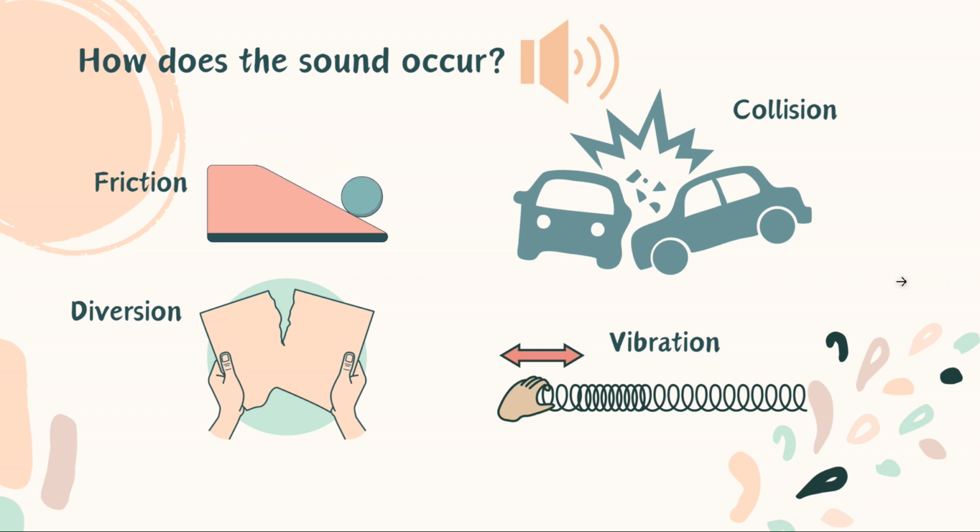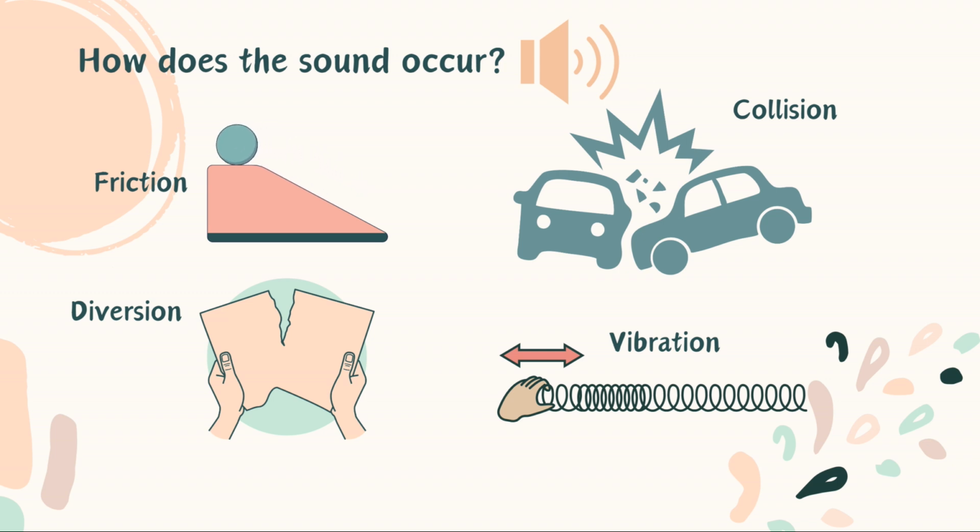So again, how does the sound occur? How does it happen? This is really important because this is in our normal life, but also in our normal life, we can produce sounds from the mouth, and they are produced the same way that the sounds in our normal life happen.